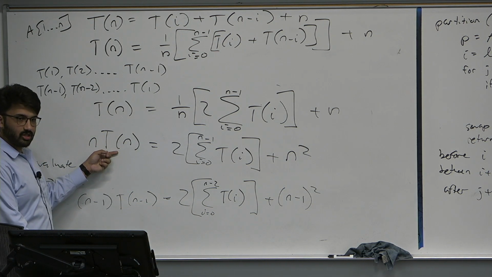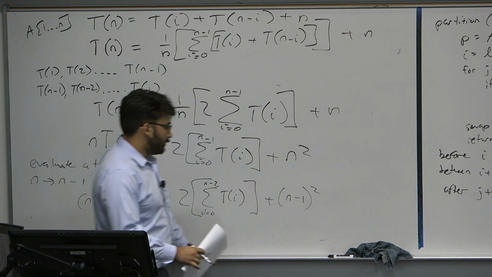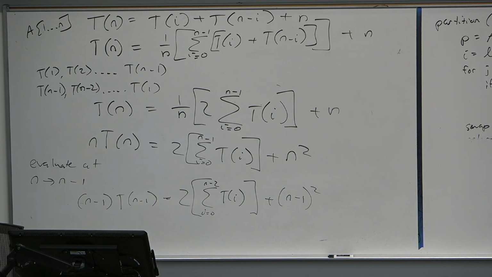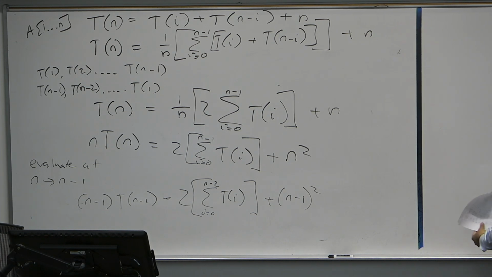So this is the sum we're trying to solve for. We've evaluated it from n to n minus 1 to get this thing here. Importantly, the sums are almost the same. So suppose we took the difference of those two equations. What would we get?